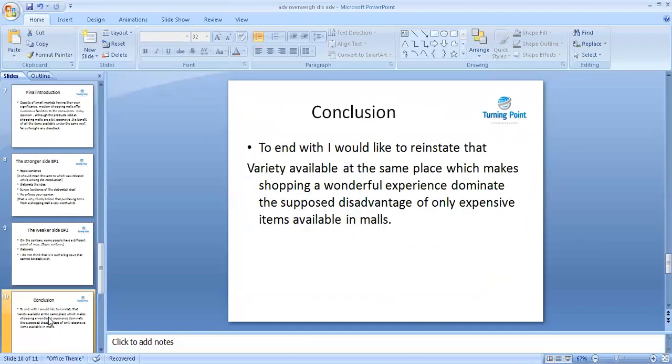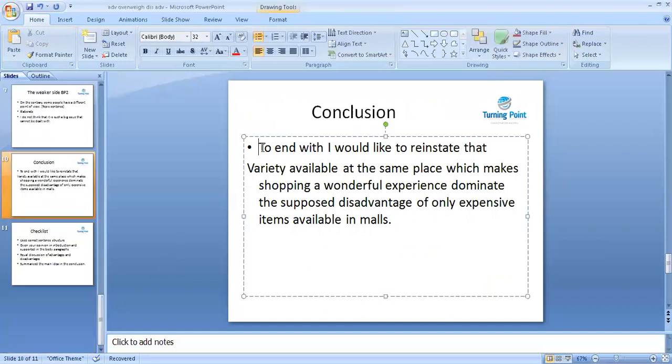And then let us take a look at the conclusion. So we say to end with, I would like to reiterate that. This can be the common line for any kind of an essay. And now I will reiterate my opinion with the reason as well. Variety available at the same place makes shopping mall a wonderful experience.